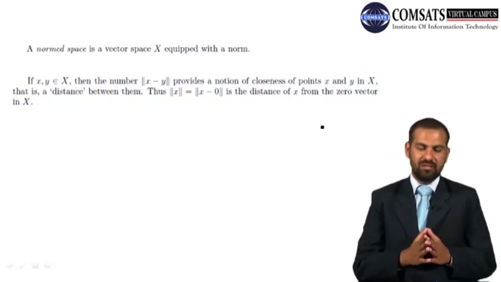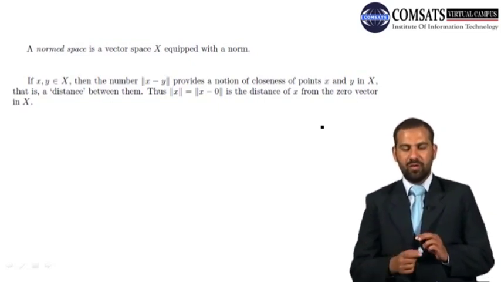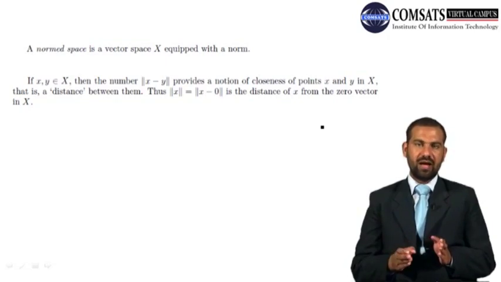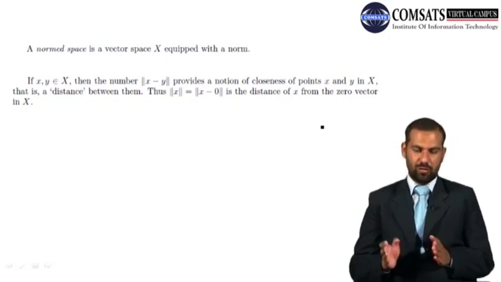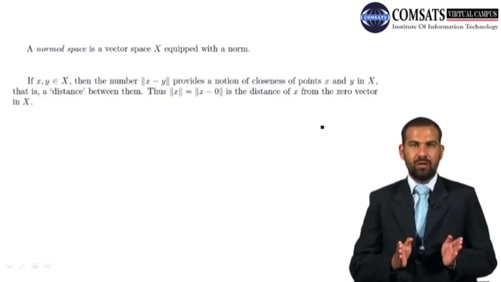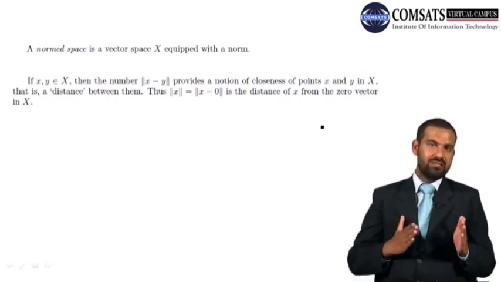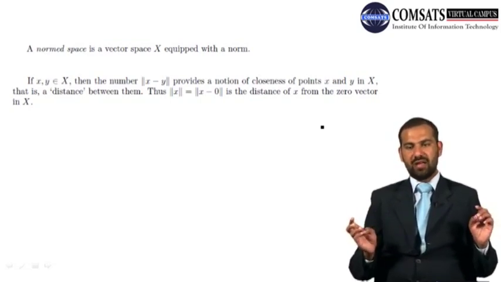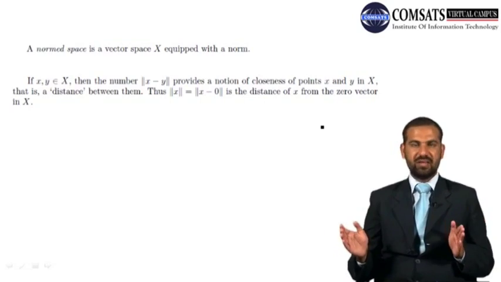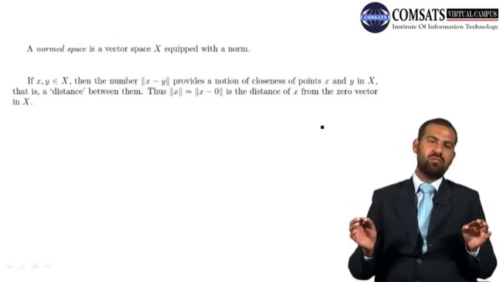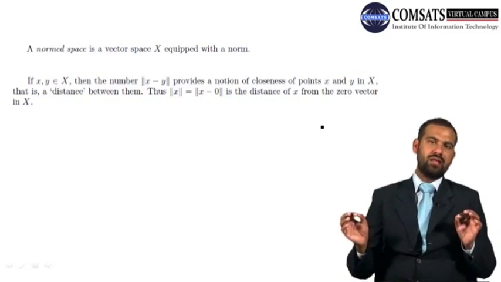Normally the norm of x means the distance from the origin, or from the zero vector, that is the norm of x minus 0. So in this way we can calculate the distance. So the norm generalizes the distance between two vectors. We know how we get the distance in R, but norm is actually the generalization of R, because what about the distance in R square?